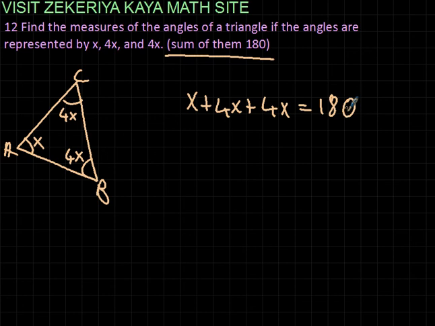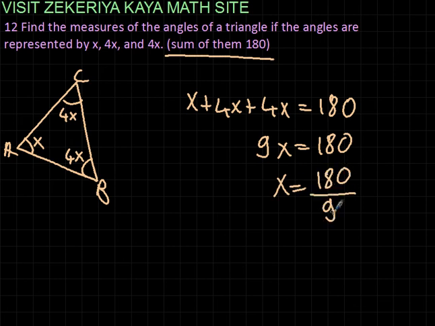How many x are there? 4 plus 4, 8 plus 1, 9x is equal to 180. So 1x is 180 over 9. We can divide them. 9 by 9, 1. 18 by 9, 2, and next to it a 0. So x is equal to 20.